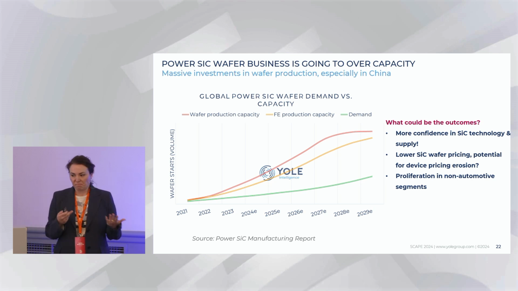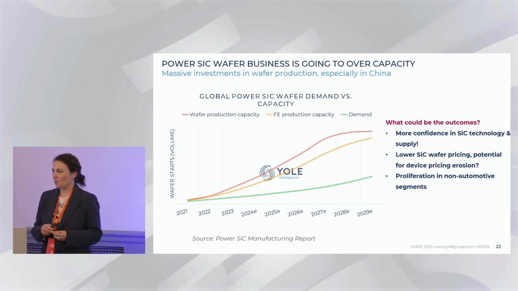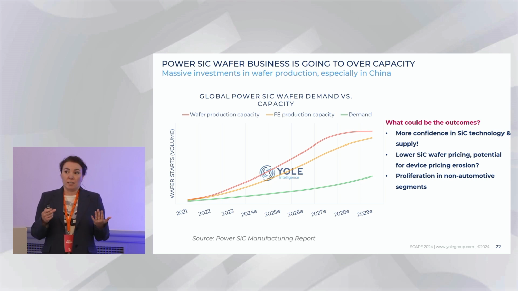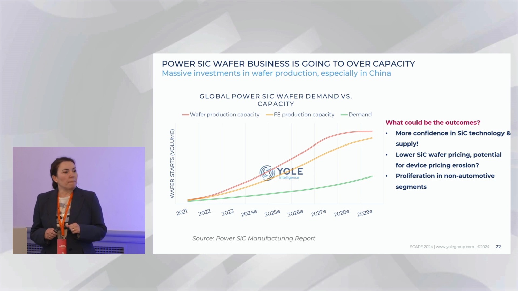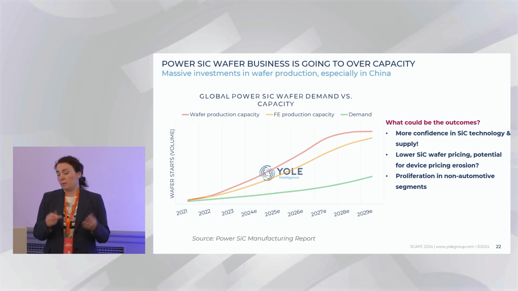From a positive point of view, there will be maybe more confidence in silicon carbide technology. Potentially there will be a decrease of silicon carbide cost, but also new entrants that are arriving and that do not have the potential to have high-yield devices. Maybe they will see an erosion of the price for these devices, maybe with lesser yield.